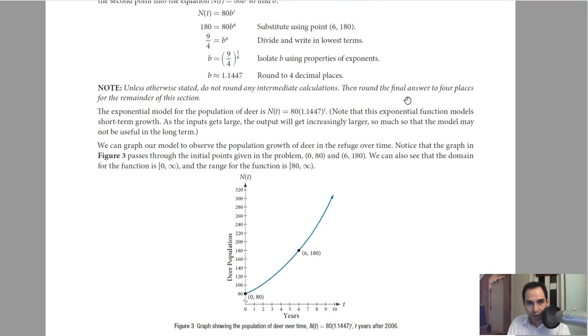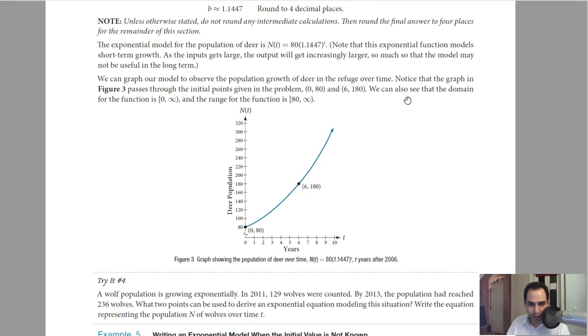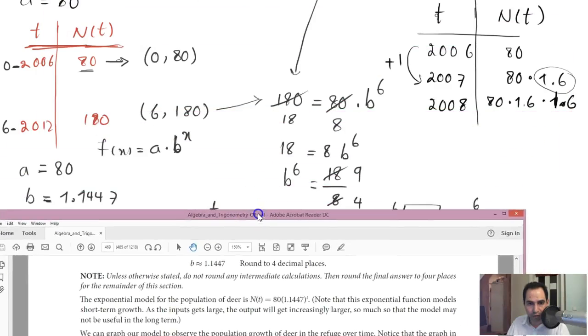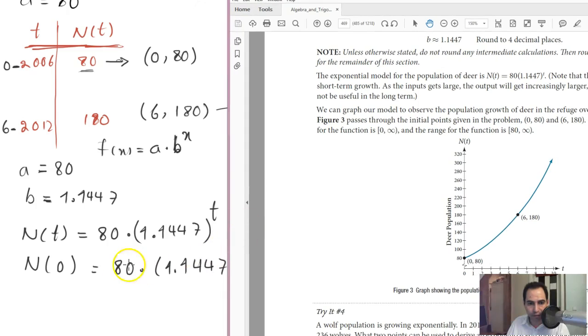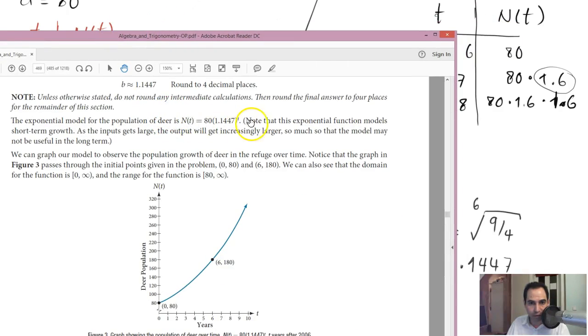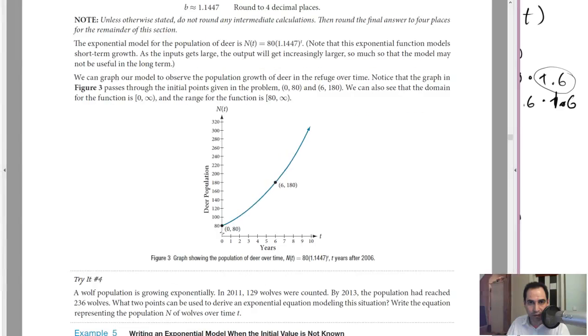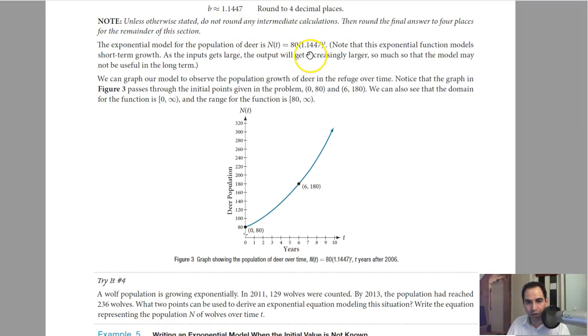But anyway, this is the graph of this function, and the equation that we got for the function is basically this equation, 80 times 1.1447 raised to the power t, which is the same thing that basically the book has also represented for this function. And I don't know how they've done this, but of course it's easy.